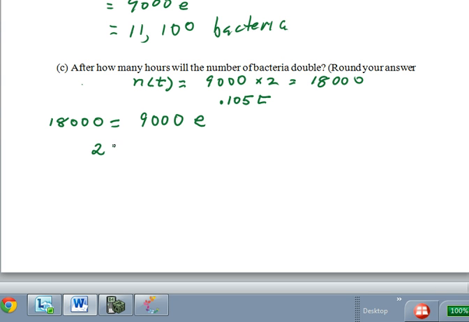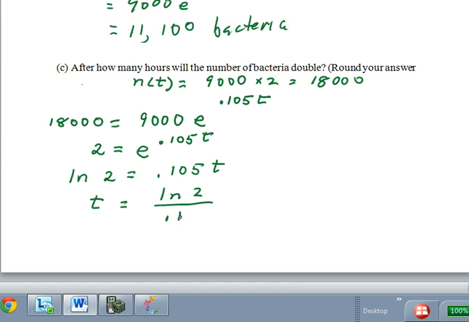Dividing by 9,000, we get 2 equals e to the 0.105 t. Taking the log of both sides, we get the natural log of 2 equals 0.105 t. And t equals the natural log of 2 divided by 0.105.